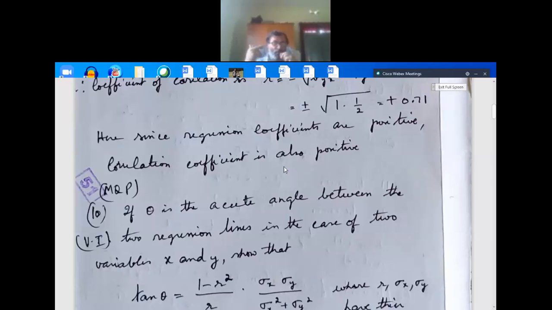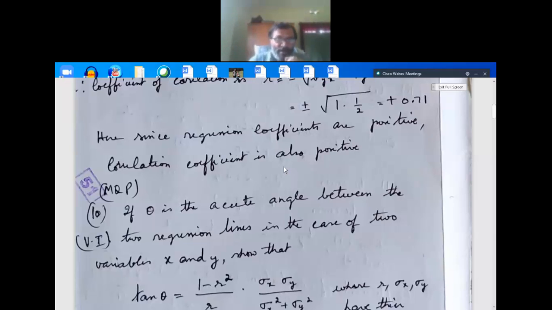Which equation we took as y on x, we should take as x on y and write it as x equals, and find bxy. And which we took as x on y, take it as y on x and write it as y equals, find the coefficient of x, and that will be byx. Redo the process: r is equal to plus or minus square root of bxy into byx, and this time you will get it. That is the method, and it is a very important problem from the exam point of view.